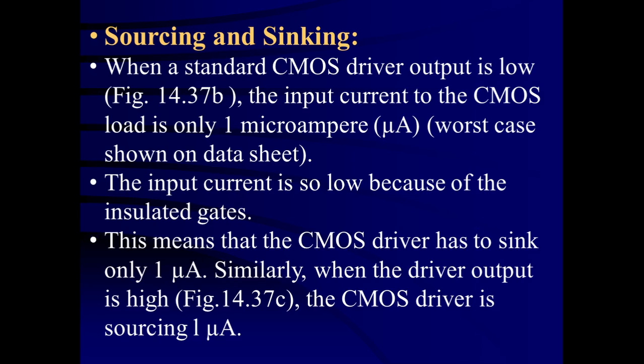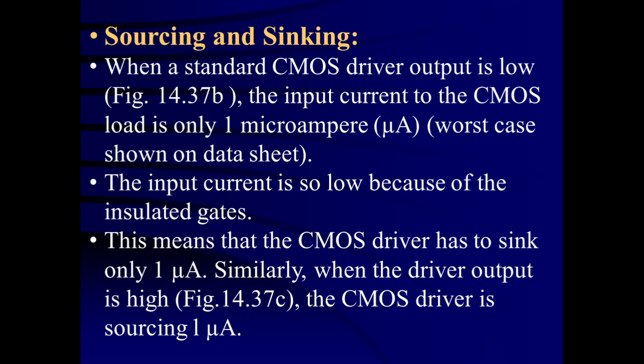Sourcing and sinking. When a standard CMOS driver output is low, as shown in figure 14.37b, the input current of the CMOS load is only 1 microampere in the worst case condition shown on the data sheet. The input current is so low because of the insulated gate.